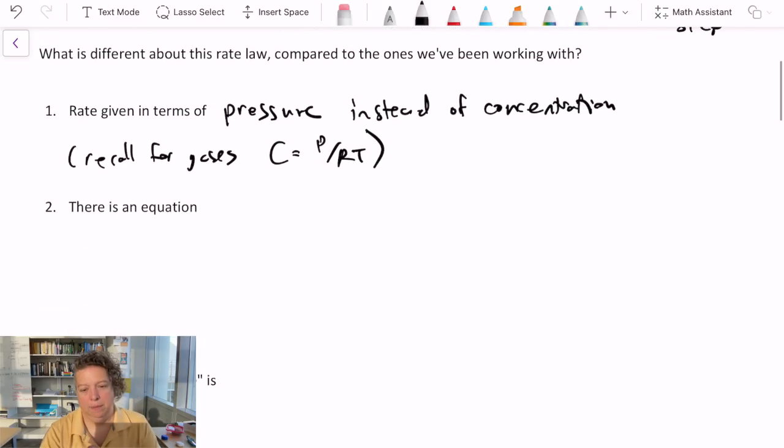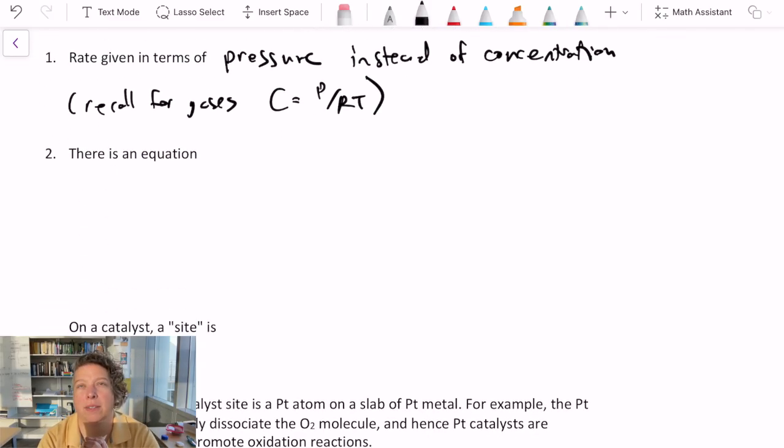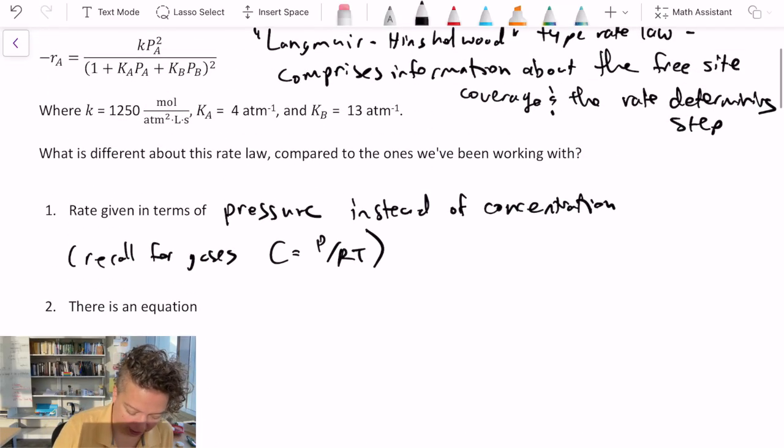And a lot of times in catalytic reactions, if the reacting species are gas phase species, the rate law will be given in terms of pressure. The other difference is that in this rate law, there is an equation in the denominator.